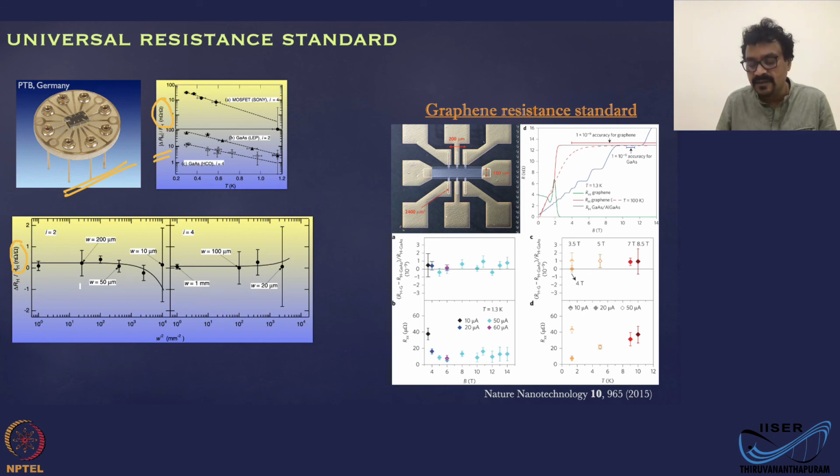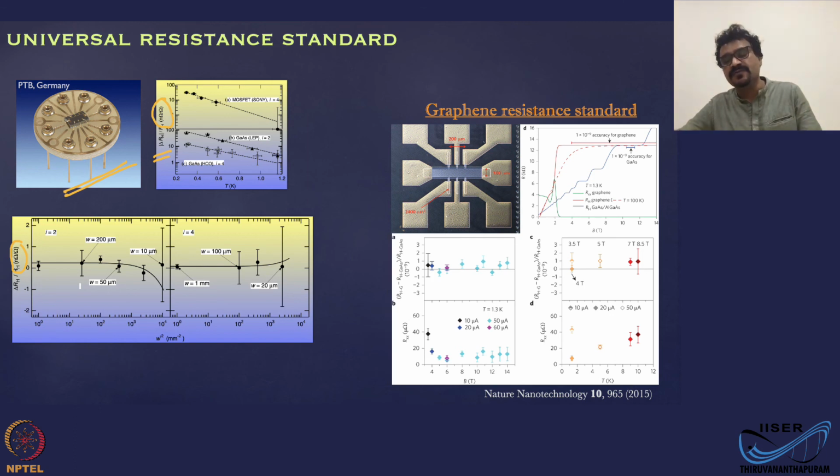Similarly, these are done for various materials like gallium arsenide by various labs, and that is their overall error bar across all the devices. That is in nano ohms, the 9th place after the decimal. Such a robust phenomenon, there is nothing better than this to standardize the resistance value.